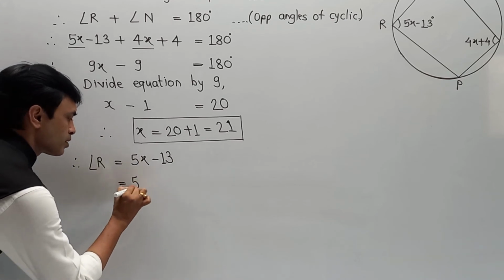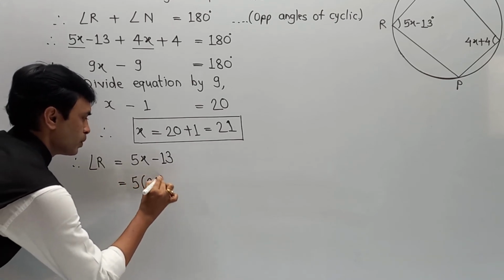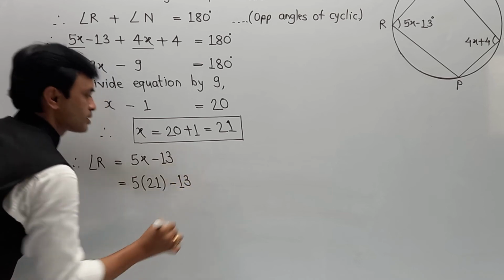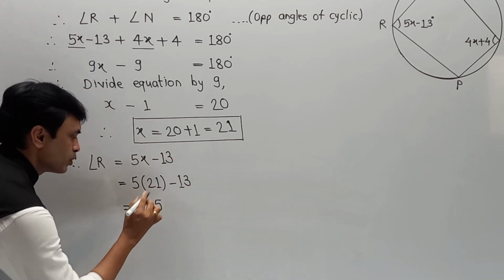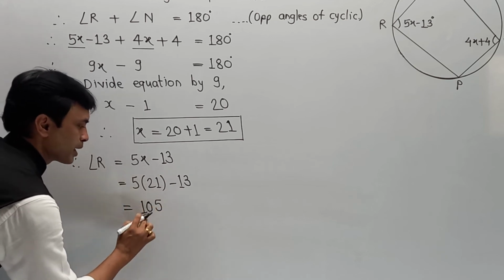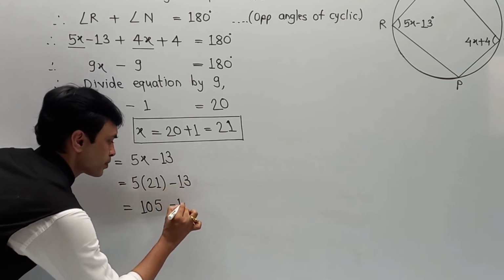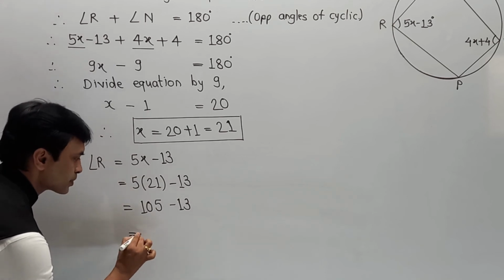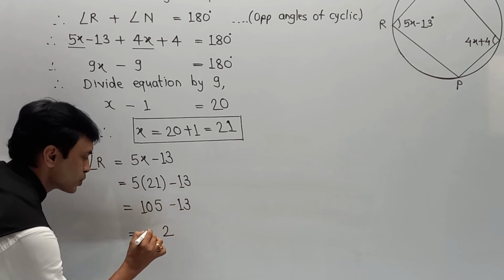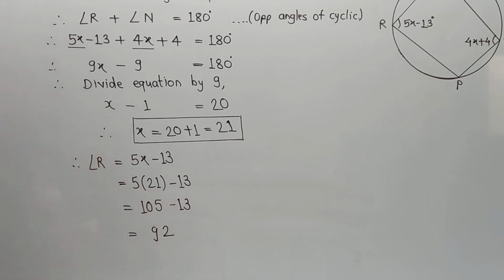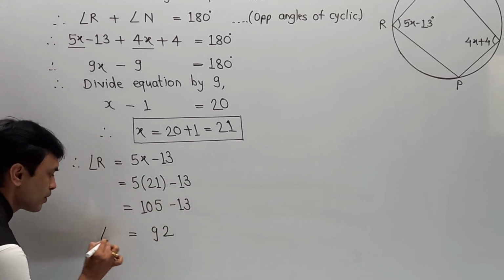So here 5 into 21 minus 13. So 5 into 1 is 5 and 5 into 2 is 10, so it becomes 105 minus 13. Subtraction: 5 minus 3 is 2 and 10 minus 1 is 9, so it becomes 92. That is nothing but the value of angle R.